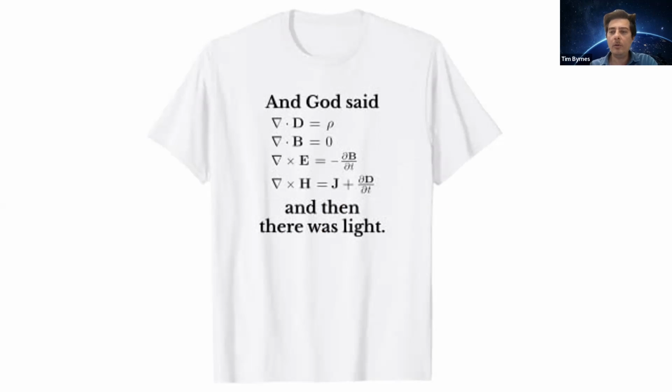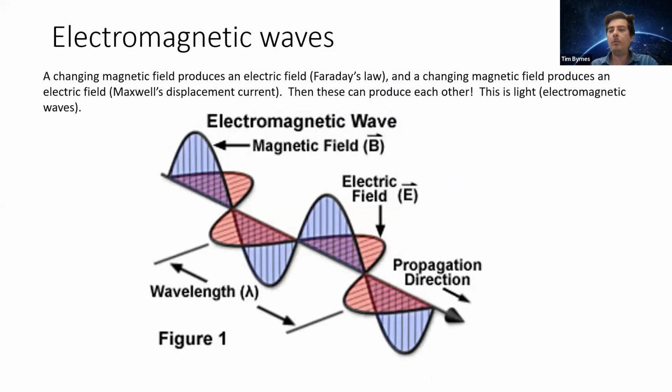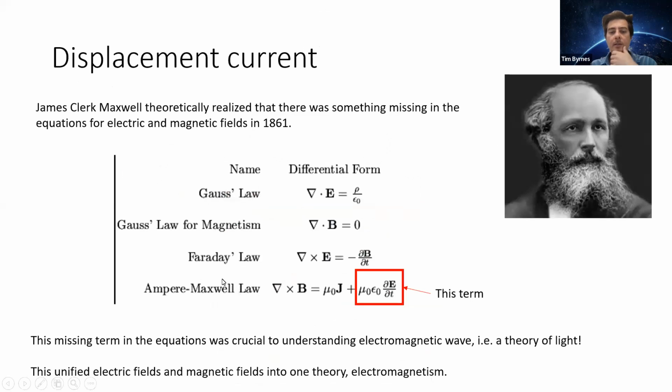So from looking at electric fields and magnetic fields, what he found was a solution where one field would actually produce the other. This was because there are these time-dependent terms: a changing electric field produces a magnetic field, and a changing magnetic field produces an electric field.